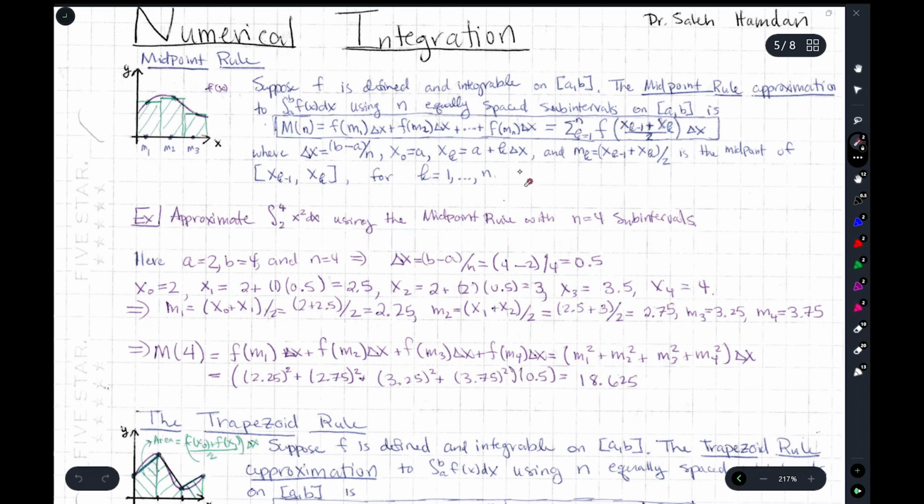We break up our interval into n different subintervals, and we evaluate the function at the midpoint of each subinterval. So it looks like that. You'll take the midpoint of each subinterval, multiply it by the width of the subinterval, and add all of these areas together.